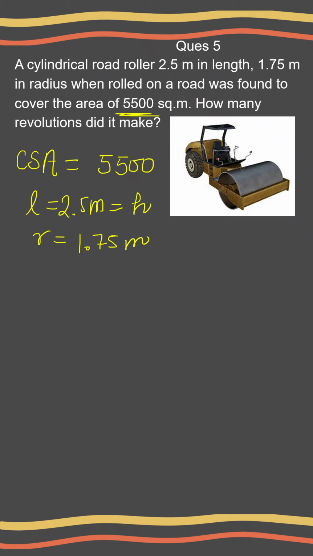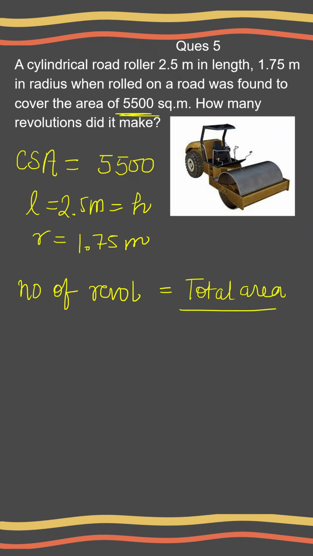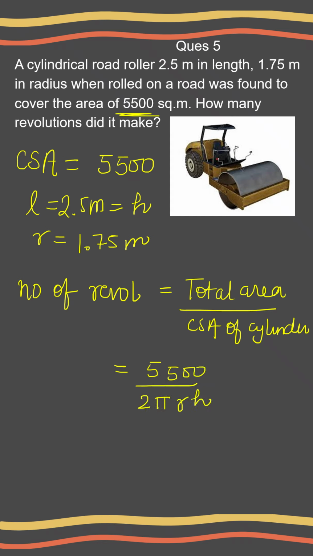Again we are finding the number of revolutions, so we will use division operation, which will be total area upon CSA of cylinder. Total area is 5500. Use the formula 2 pi r h.